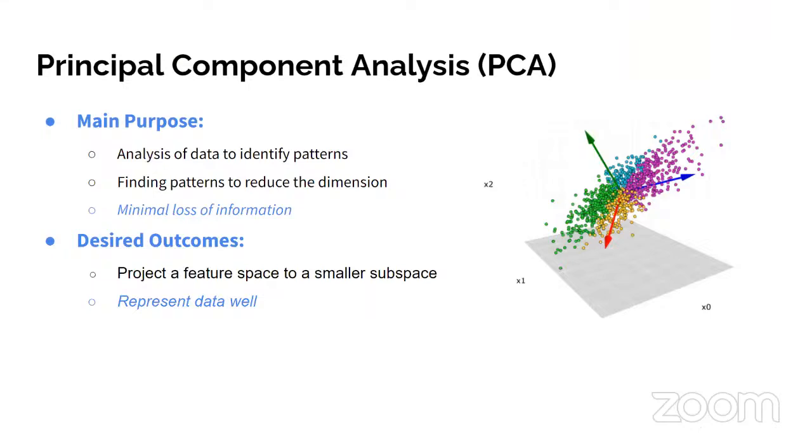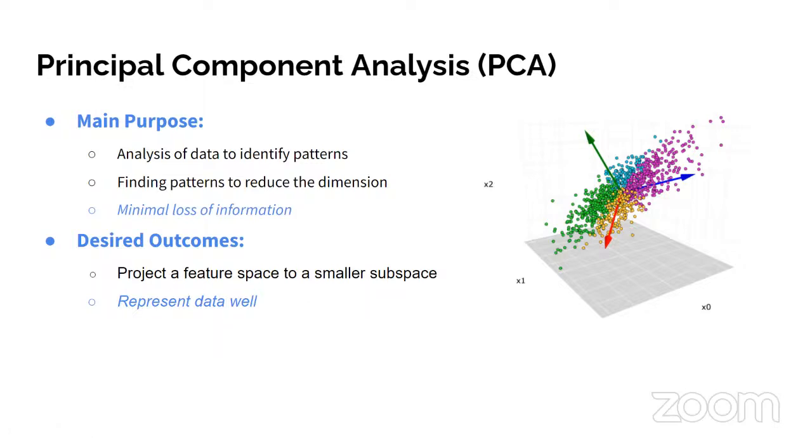And the first algorithm we are going to look at is called principal component analysis. The main purpose is to identify patterns hidden in data. I also want to reduce the dimensions so that I can project, let's say, this 3 dimensional case into a 2D case so that I can visualize it well.